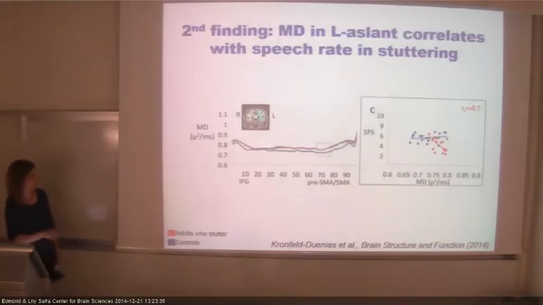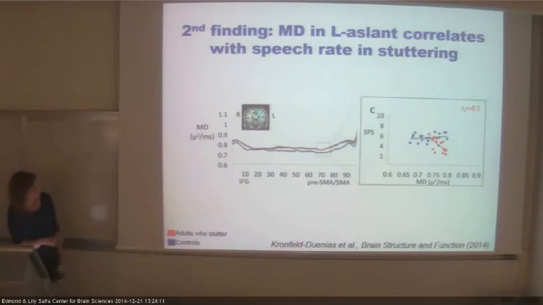Next thing that we did is when you look at the profile of mean diffusivity along the entire aslant tract, you can find a significant area where the groups diverge. And when Vered extracted the mean diffusivity of only that area that showed the significant group difference, she could show correlation in the stuttering group between the mean diffusivity and their speech rate.